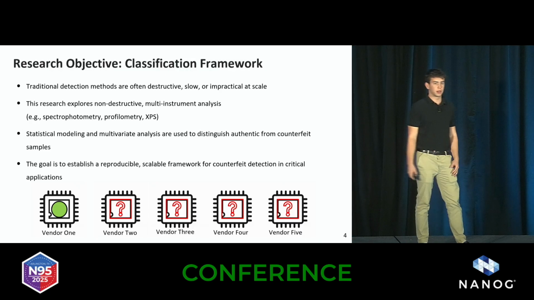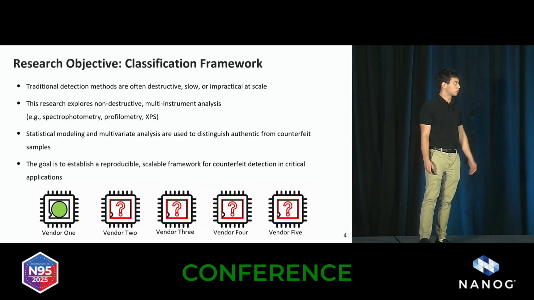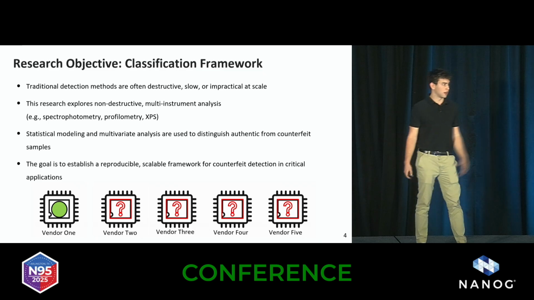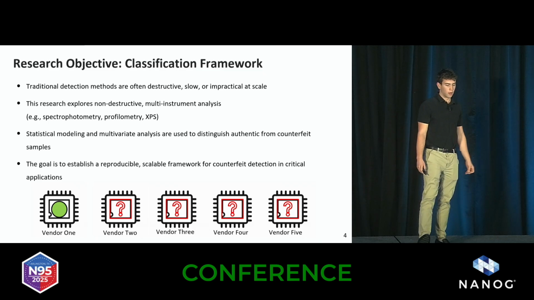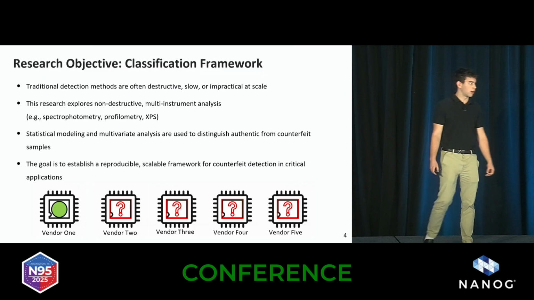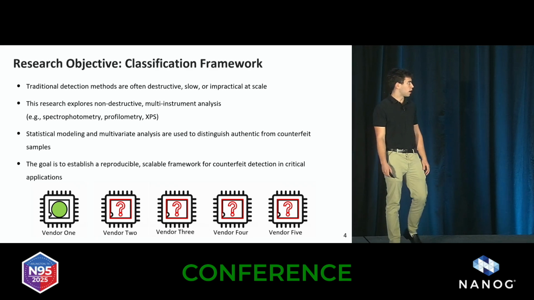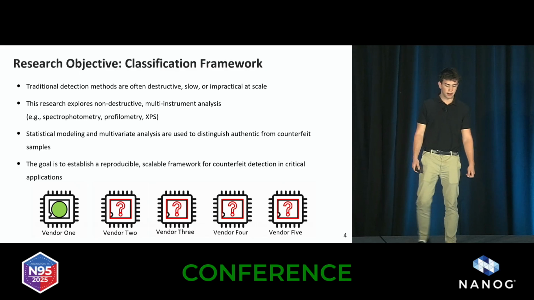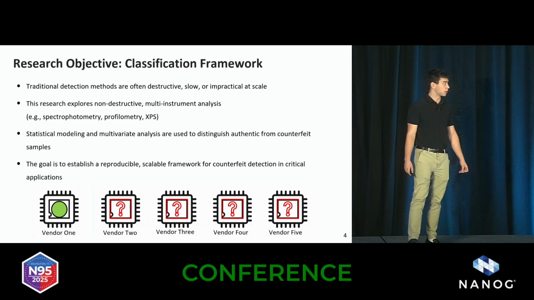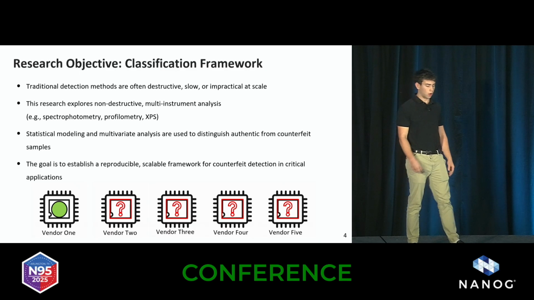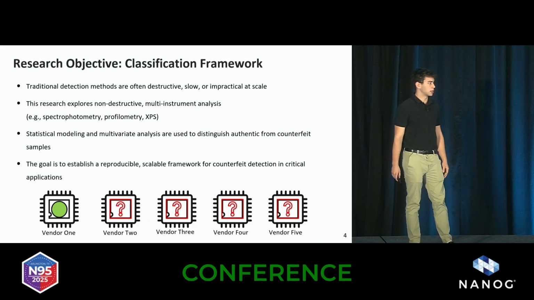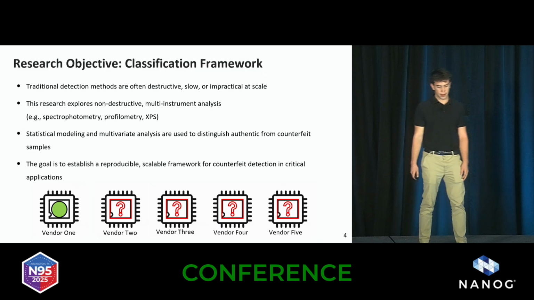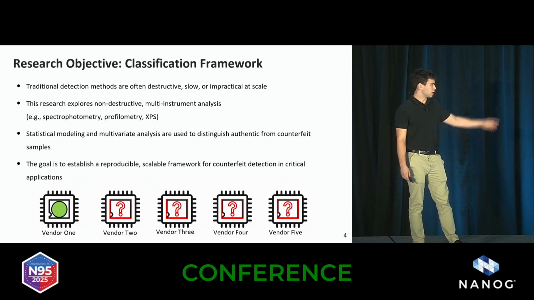So we want to make sure that if we're testing a chip, it's non-destructive, and therefore we can continue to use it in case it's authentic. We explored multi-instrument analysis from instruments such as spectrophotometry and profilometry, and then we fed statistical modeling and multivariate analysis to distinguish an authentic from counterfeit sample. Our goal was to develop a reproducible, scalable framework that you can implement into your supply chains, etc.